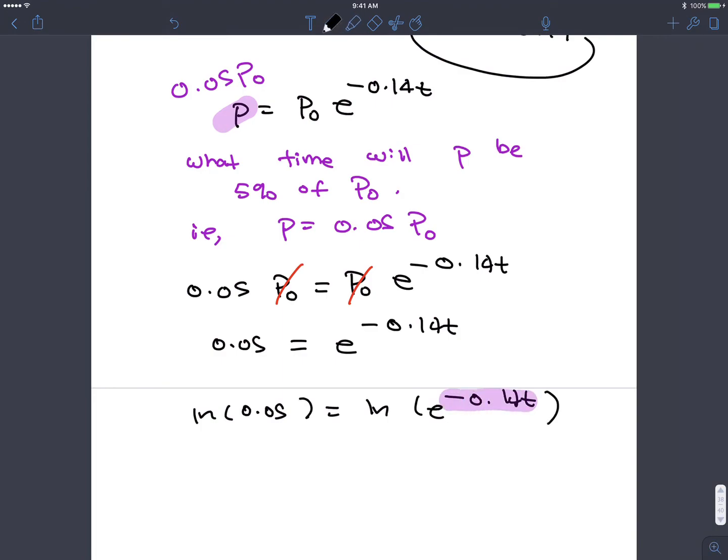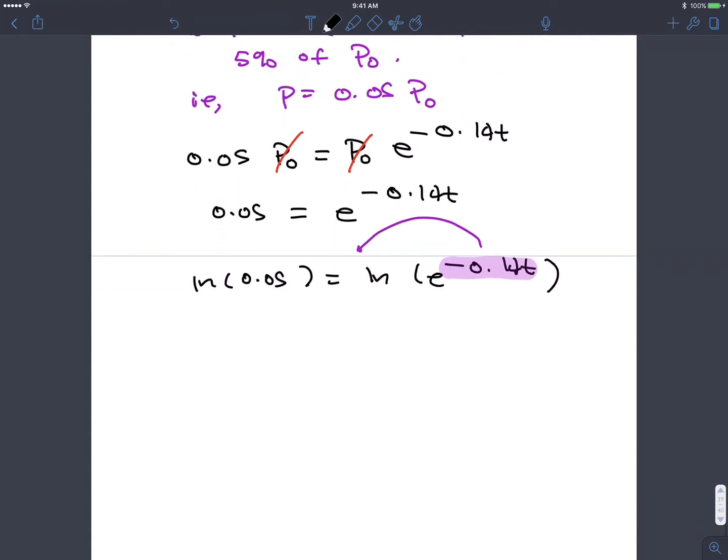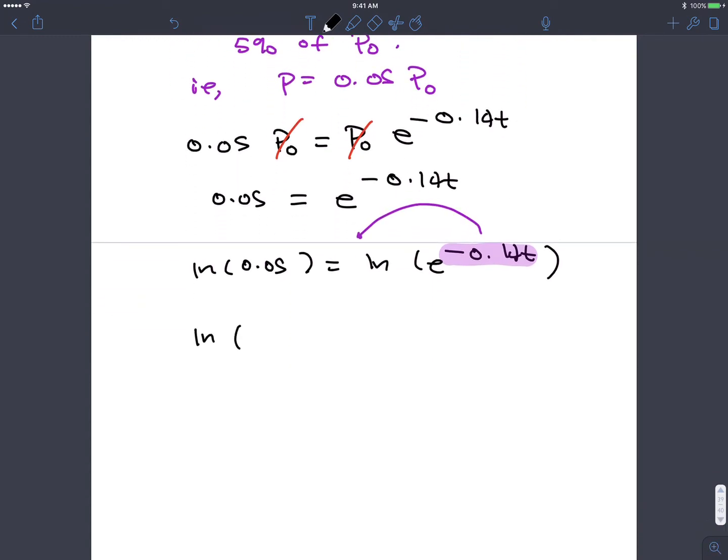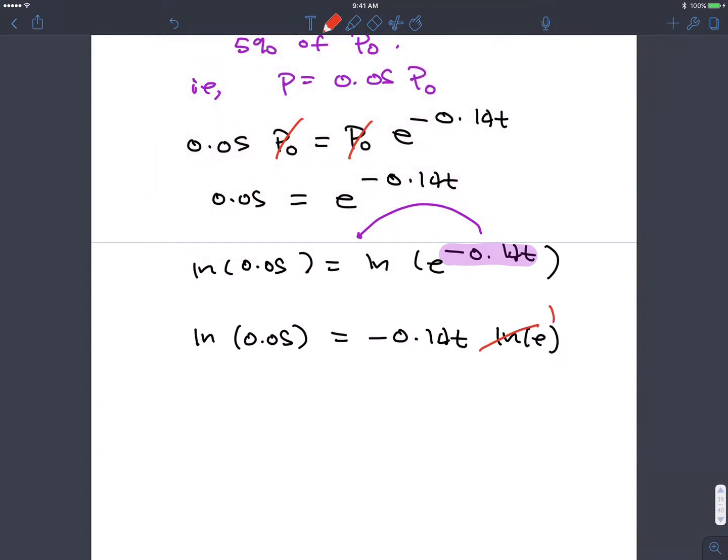This power gets pulled out by the power rule. And we end up with the natural log of 0.05 equal to minus 0.14 t times the natural log of e, where the natural log of e is the value 1.